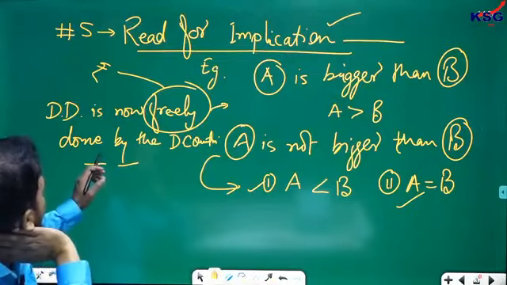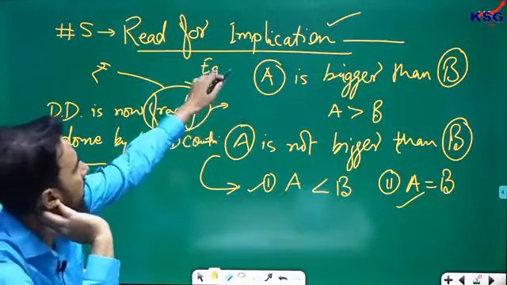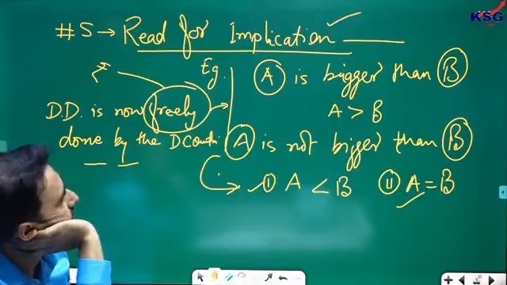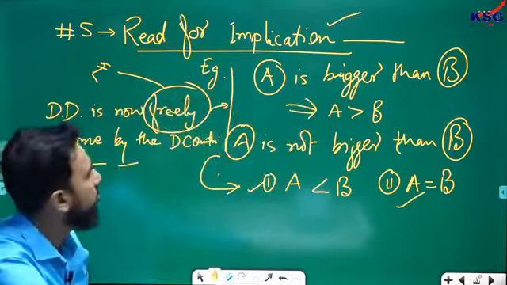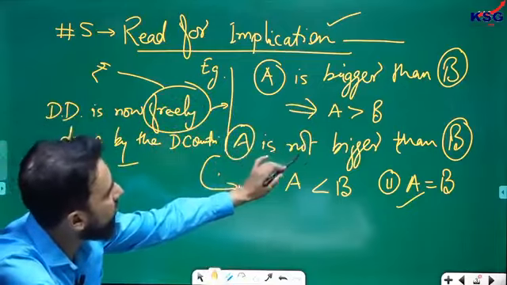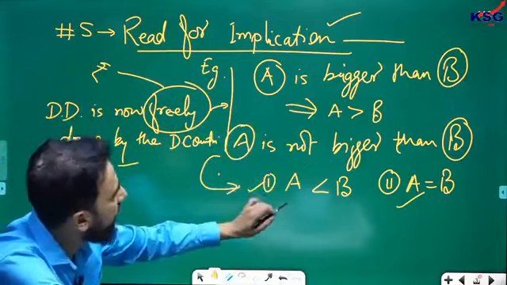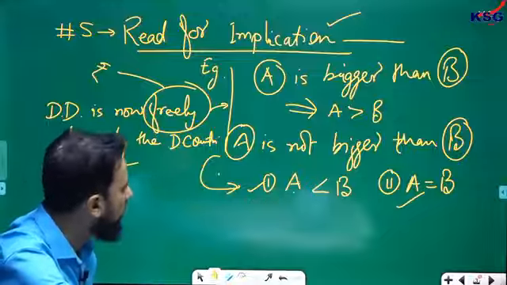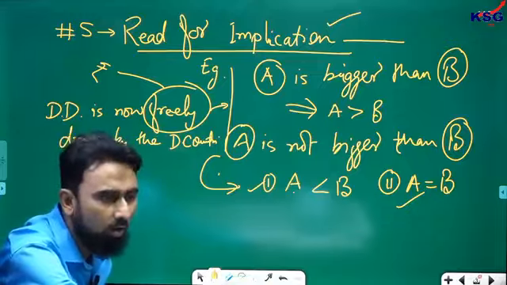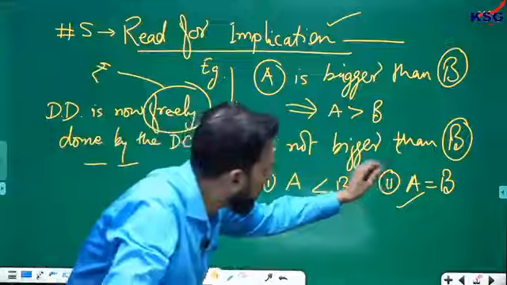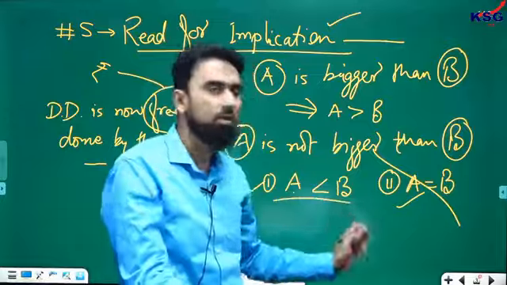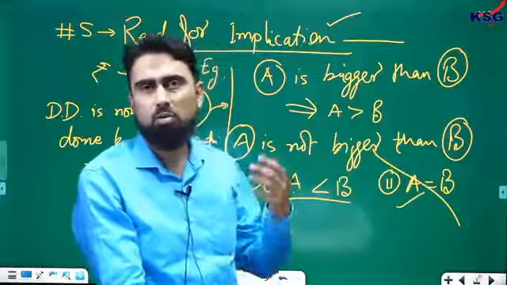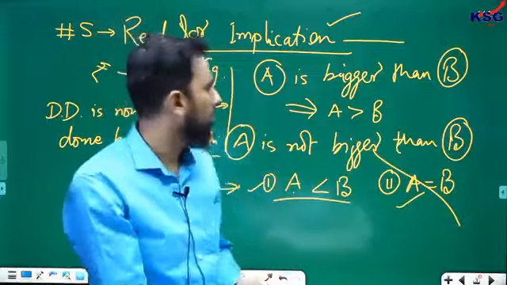I give an example that A is bigger than B. So here the implication is very simple. The meaning is just one meaning. But the moment the example is A is not bigger than B, there are two meanings: A could be less than B, or A and B are equal. So any student who does not consider the second meaning and just goes ahead with the first meaning, A is smaller than B, will of course end up choosing a wrong option.